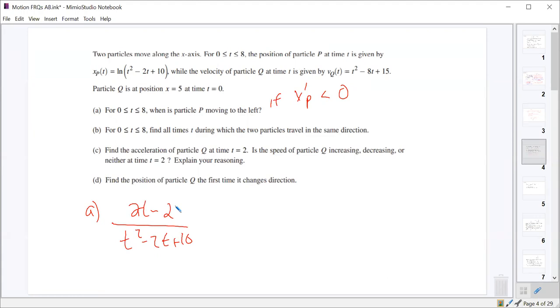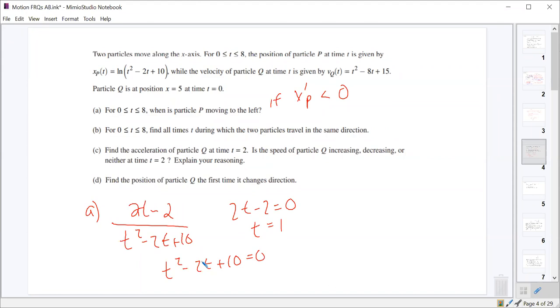Good. All right, so let's move on. We need to figure out when this is negative. Figure out based on the numerator when it might be 0 or the denominator when it might be undefined. The numerator equals 0 when t equals 1. When is the denominator equal to 0?